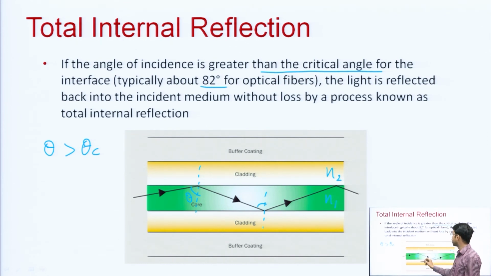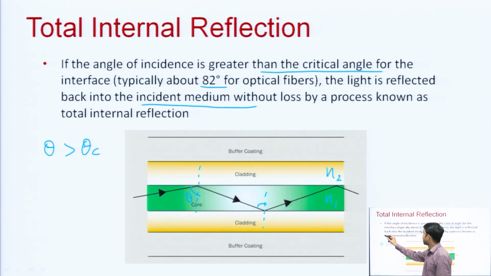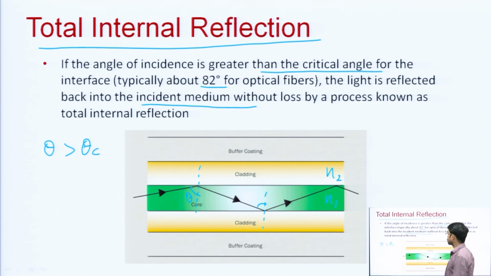So, this has to be greater than 82 degrees. The light is reflected back into the incident medium without loss by a process known as total internal reflection. It is very important to know about total internal reflection before studying fibers, because it is the main concept due to which the light travels through the fiber, through the core.